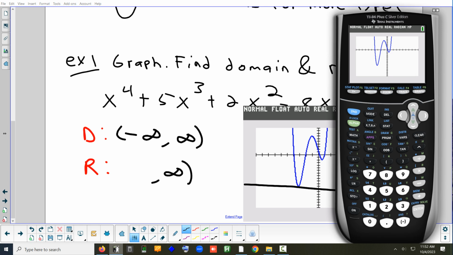So if I go to calculate, what option could I use to figure out the lowest it goes? Minimum. Okay, so to do the minimum, have we done minimum before? Yes. Might have. So you just pick a point to the left of the minimum, pick a point to the right, and then do a guess.